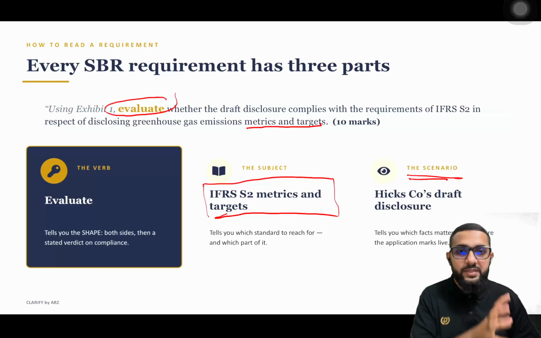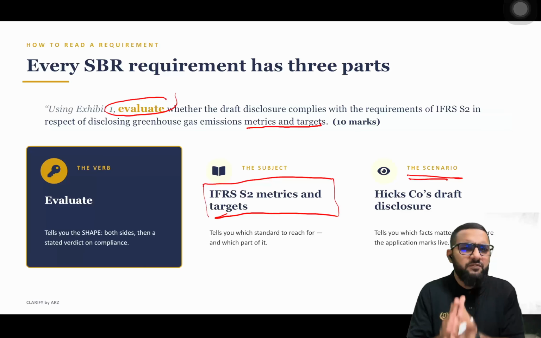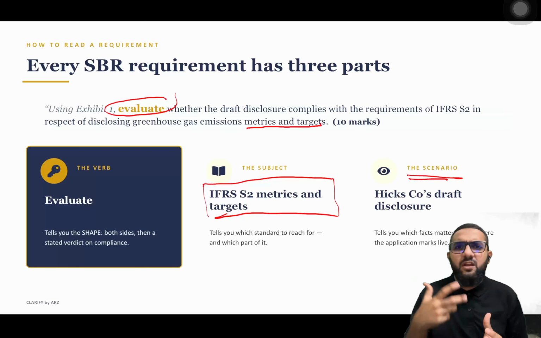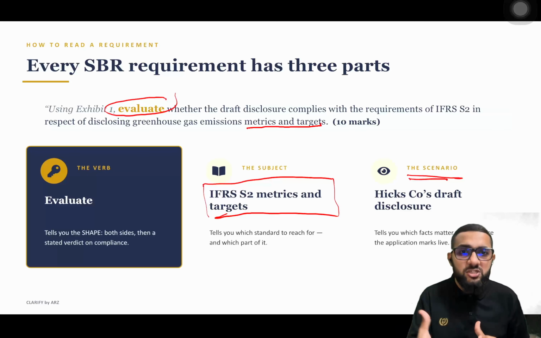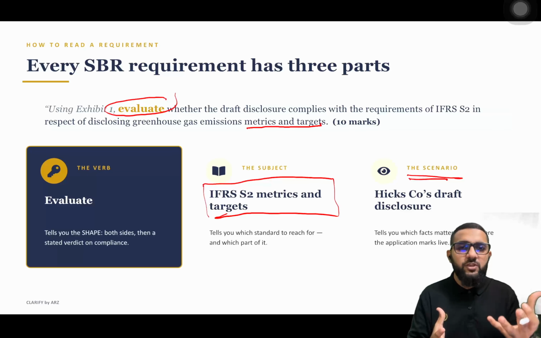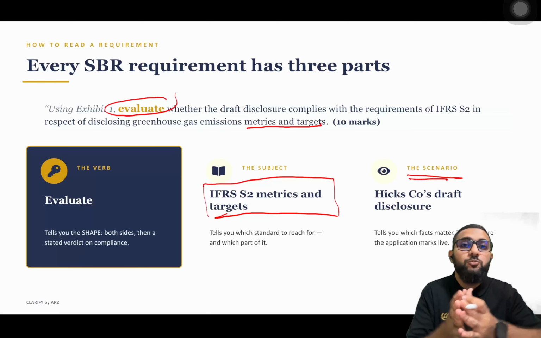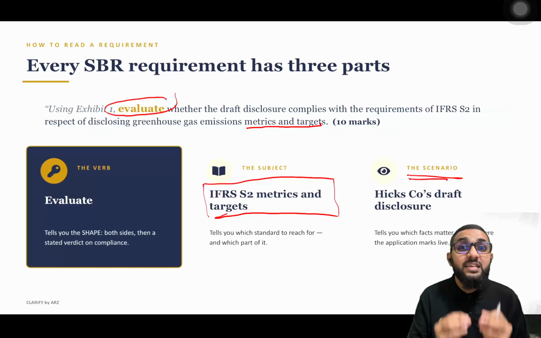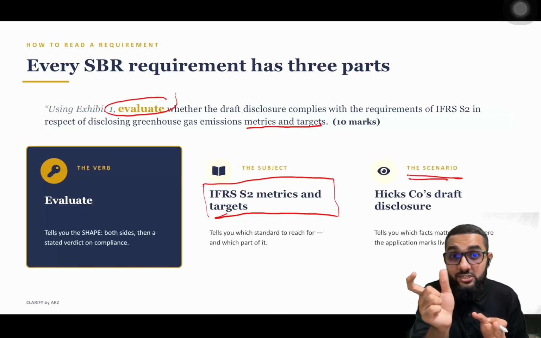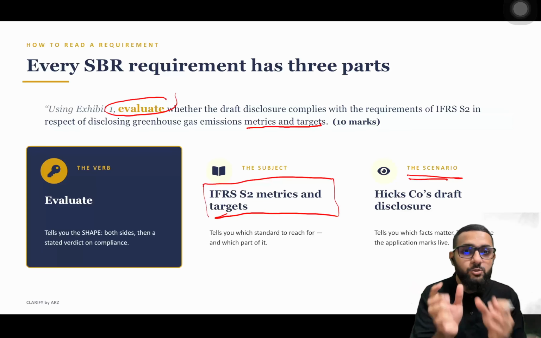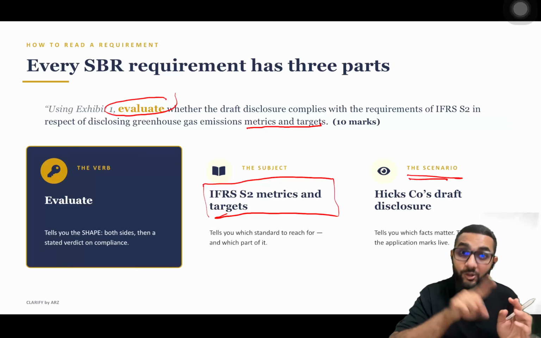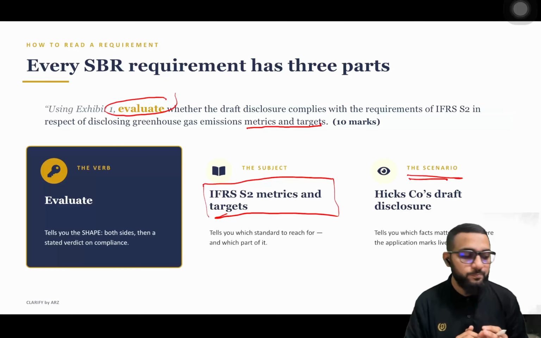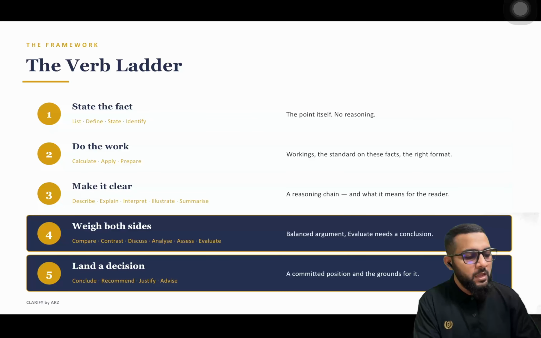In this case, it requires you to focus not only on IFRS S2, because if it's IFRS S2, the subject could be governance, strategy, risk management, or the metrics and targets. The subject could be anything there, but here they are specifying IFRS S2's metrics and targets. That is the subject, and your focus needs to be around that, looking at what the verb wants you to do.